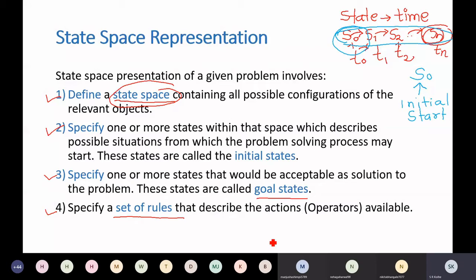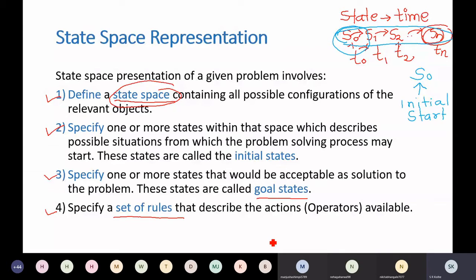So we'll continue further. We were discussing state space representation of a given problem. I told you there are four different steps which you have to carry out to give the state space representation of a given problem. First, you have to define the state space which will contain all possible configurations of relevant objects.